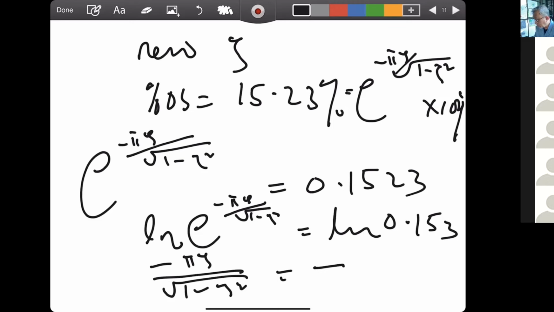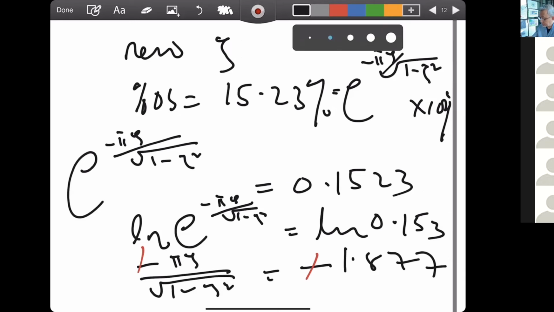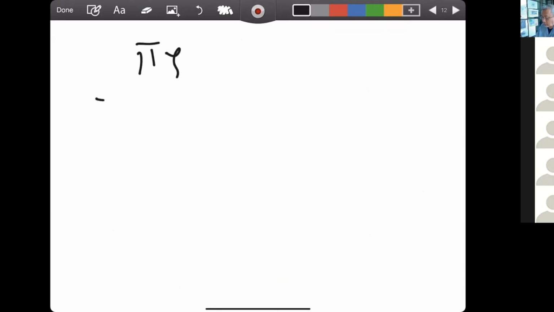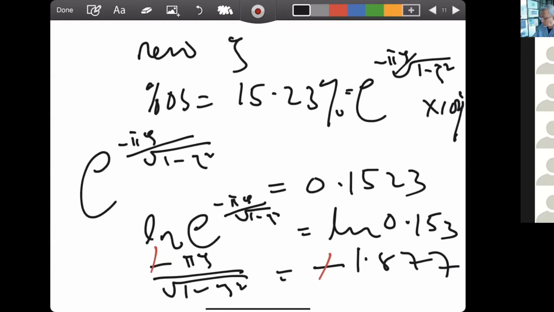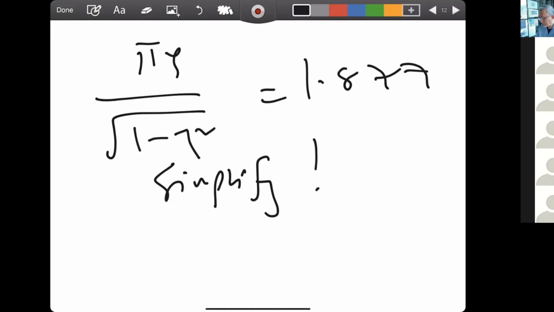Negatif. 1.877. Jadi bila negatif, ni potong, ni potong. Betul? Jadi pi zeta over square root 1 minus zeta square sama dengan 1.877. Simplify kan ya. Dapat berapa? Zeta berapa?